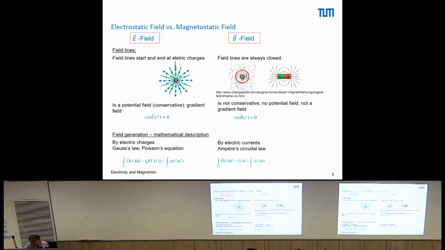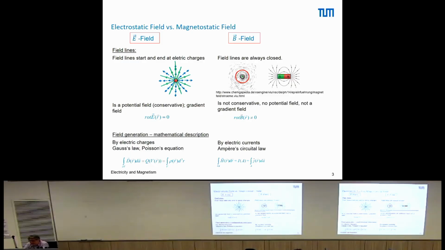In terms of the generating quantities, when you take the mathematical description in the electrostatic case, you have Gauss's law and you have the Poisson equation. So the charges, or the spatial charge density, give rise to your electric displacement field.